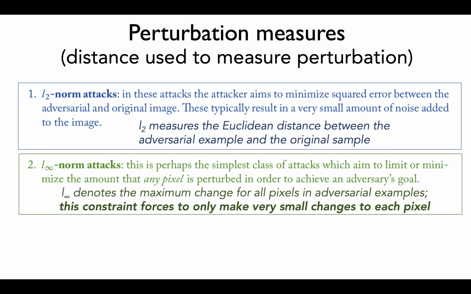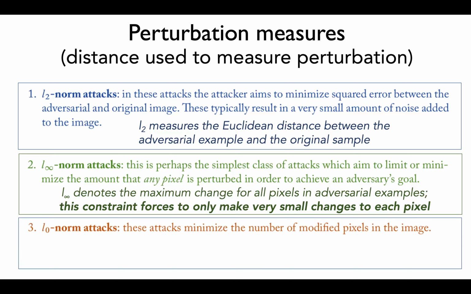So L infinity denotes the maximum change for all pixels in adversarial examples. This constraint forces you to only make very small changes to each pixel because you have bounded the maximum that is possible.